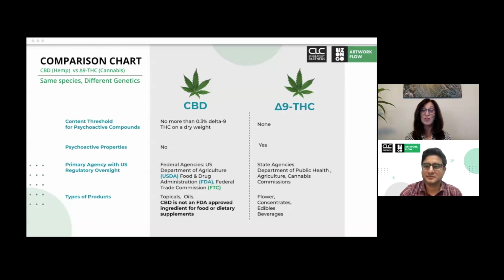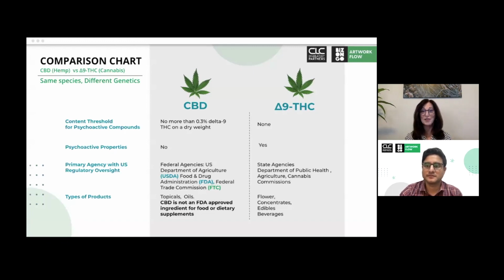What I want to point out is that it's really important that people understand that CBD is approved for topicals and oils, but according to the FDA, it is not an approved ingredient for foods or dietary supplements.